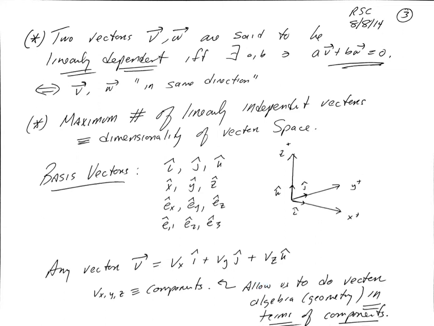One last thing, these basis vectors i, j, and k, since they have unit magnitude, instead of an arrow, we'll often refer to them by putting a little hat over them. That just says they have unit magnitude. You will often see different kinds of notation for these vectors i, j, and k. You might see x hat, y hat, and z hat to refer to the unit vector in the x direction, y direction, and z direction.